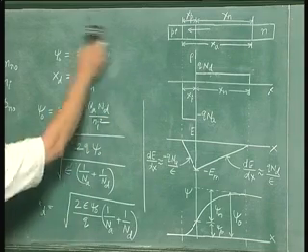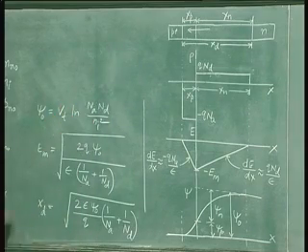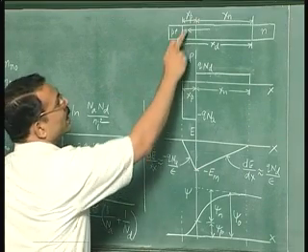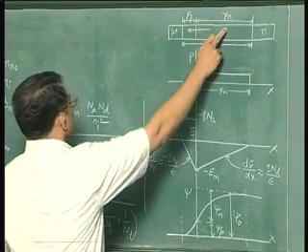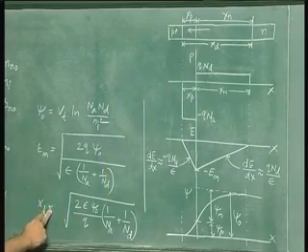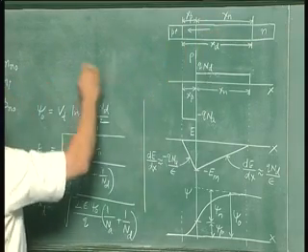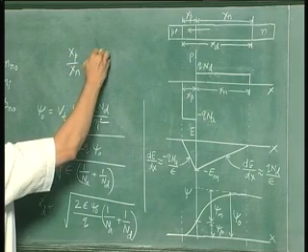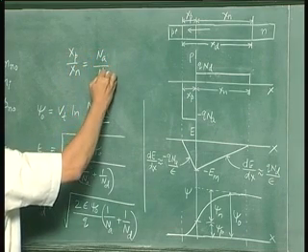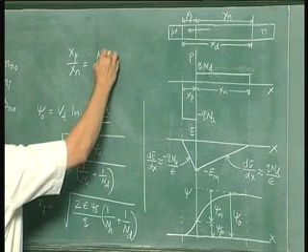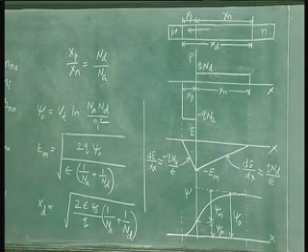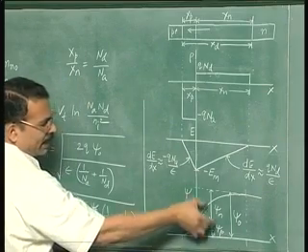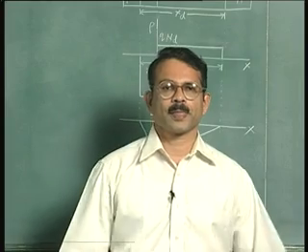That is the formula for psi naught. So if you want the parameters, namely xp and xn, once you know xd, you can very easily get these parameters, because you know xp by xn is equal to Nd upon Na. And using the same result you can also get psi p and psi n if you like.